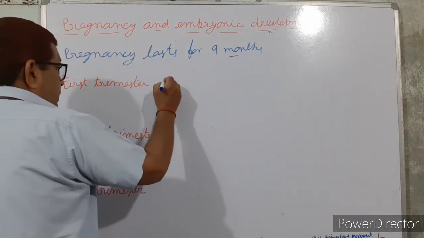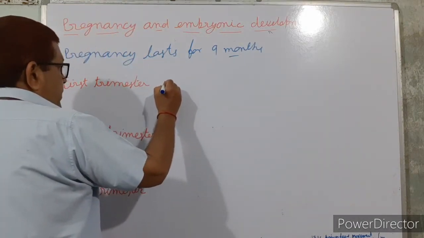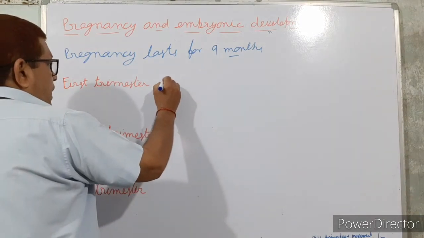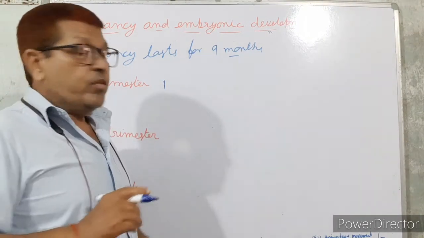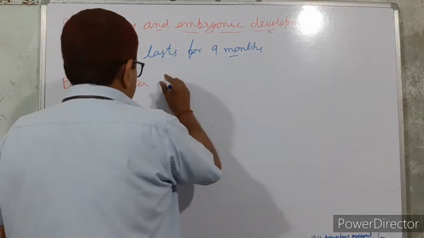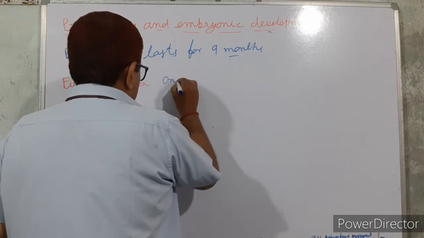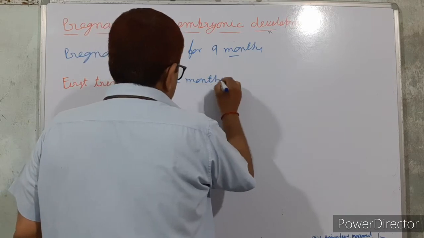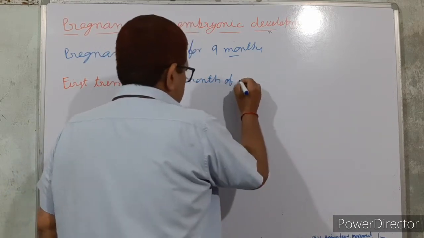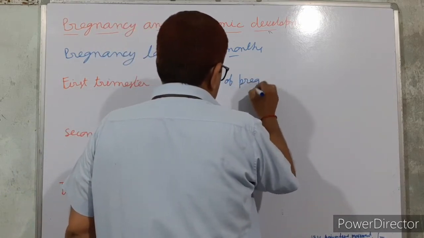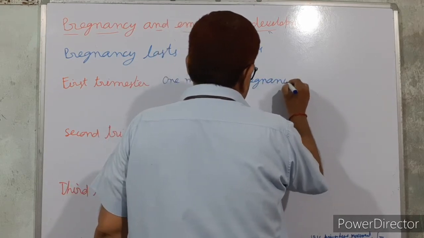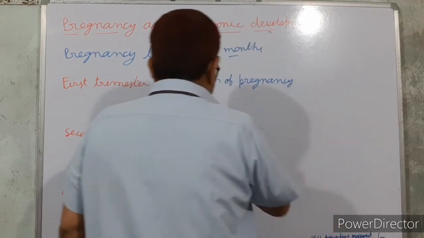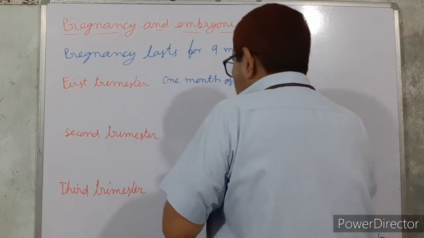So after 1 month of the pregnancy, the heart is formed.